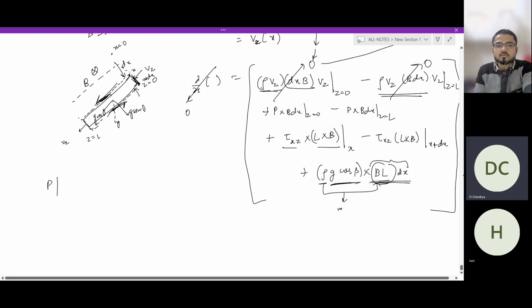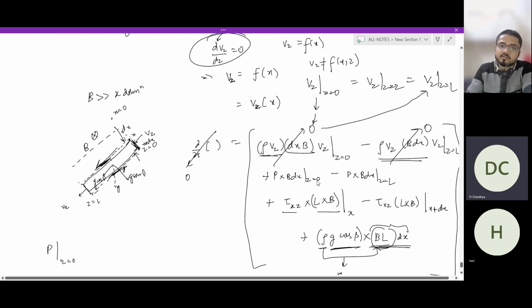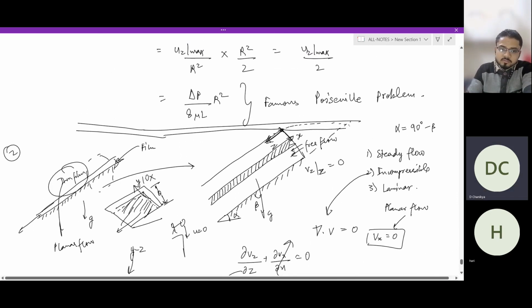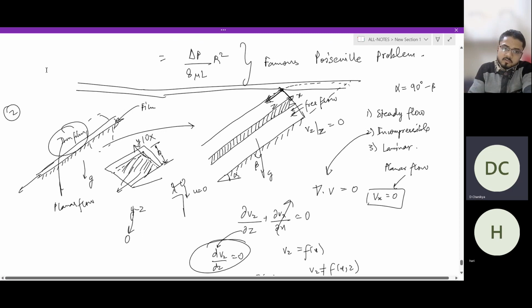Now, obtain P, z equals 0. Since this entire film at both these ends, look at this geometry right here, this is exposed to the atmosphere, and this part is also exposed to the atmosphere.